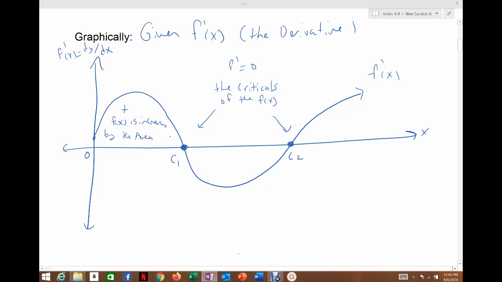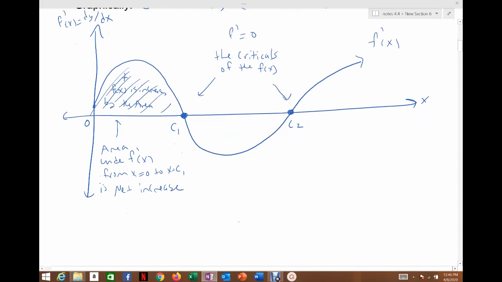Once I find this total area, that area under the f prime of x, under the derivative, from x equals 0 to x equals my first critical value, is the net increase of f of x over those intervals.